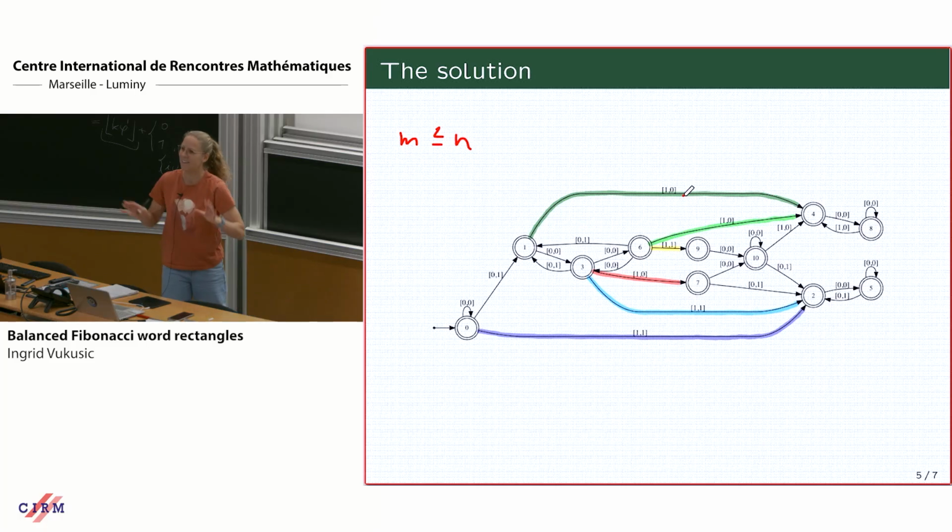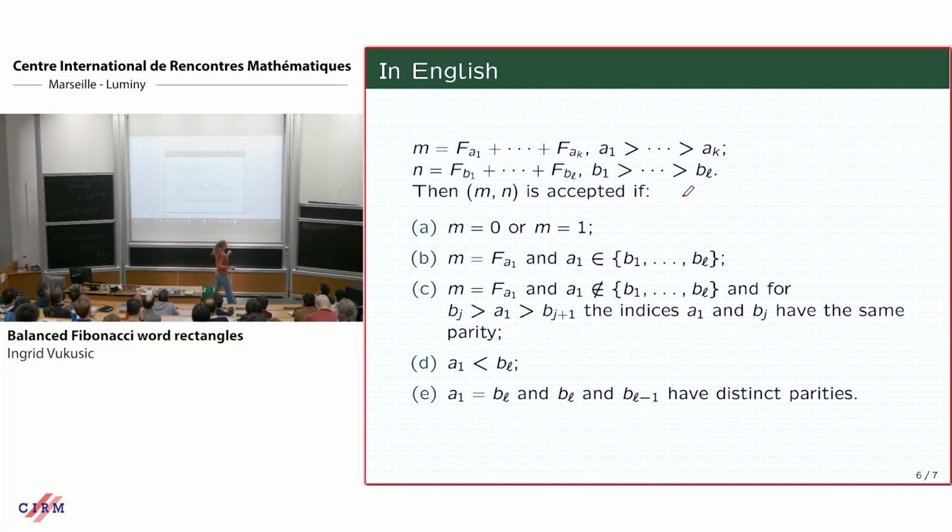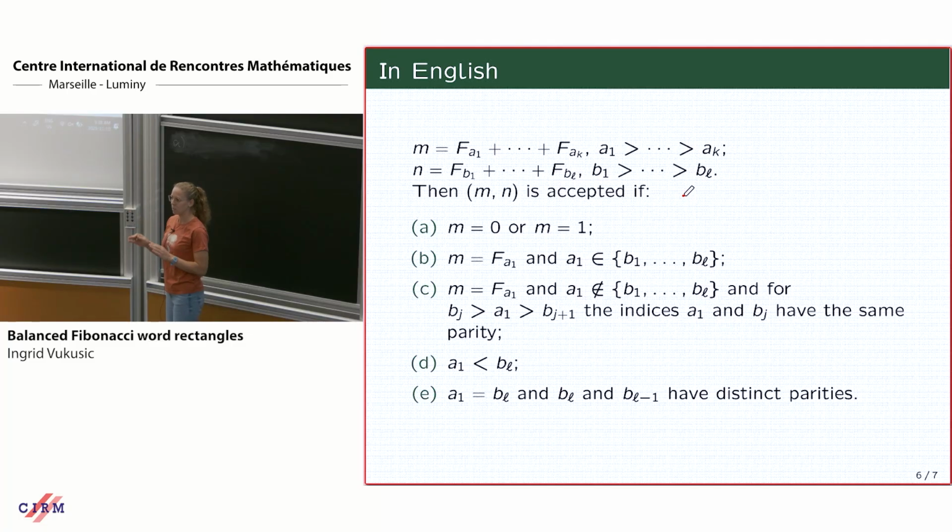And then I colored in the important paths where things happened, and I stared at it really hard, and I got it wrong many times. But finally, this is the characterization. You don't need to read it, because I'll just show you a couple of examples that explain which numbers are exactly accepted. So the first case is just trivial cases. If your rectangles are empty or one-dimensional, then of course we are balanced.